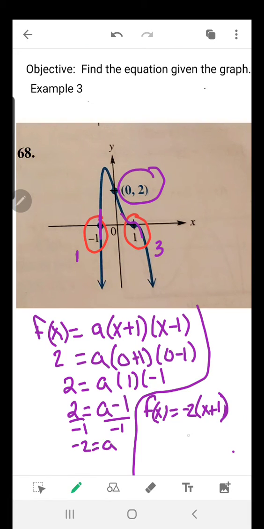I'm going to write it down here, x minus 1 cubed. So that is our equation.